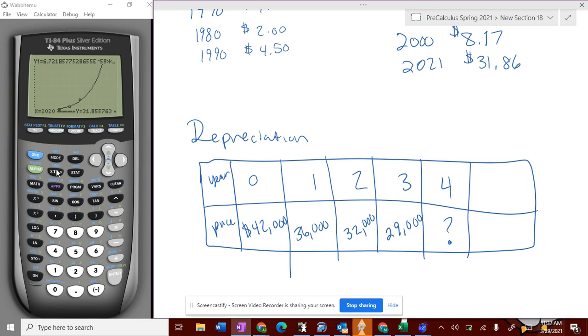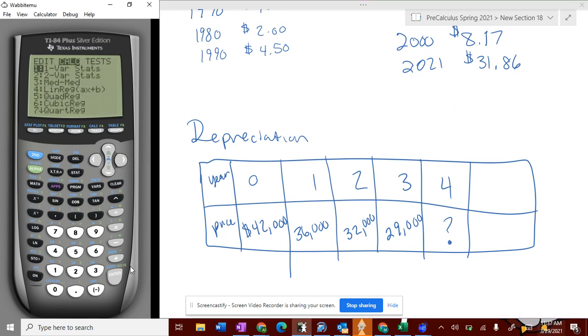Okay? So stat, edit, gotta edit it. Up, clear, down, up, clear, down. So 0 years old, 1 year old, 2 years old, 3 years old. Can't do 4 because we don't know the number. 42,000, 36,000, 32,000, 29,000.